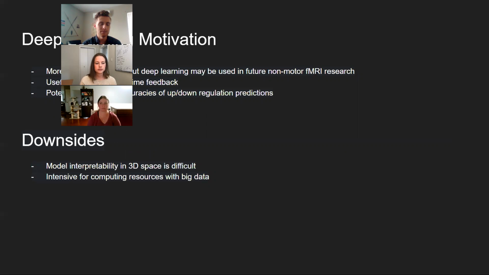So we also took a deep learning approach, just to test the waters and see if we could get similar prediction accuracies on subjects' ability to up and down regulate. It took a really similar approach to the group model, but the one consideration before building this convolutional neural network was that it's a little bit hard to visualize what a subject's brain is doing in 3D space coming from a CNN, and then you need intense computing resources.